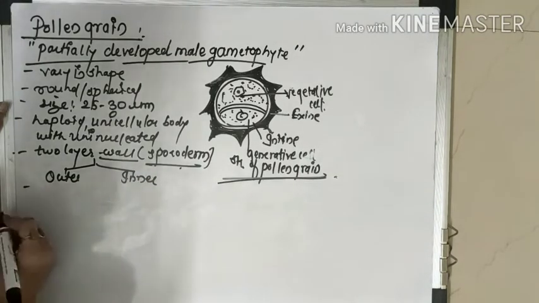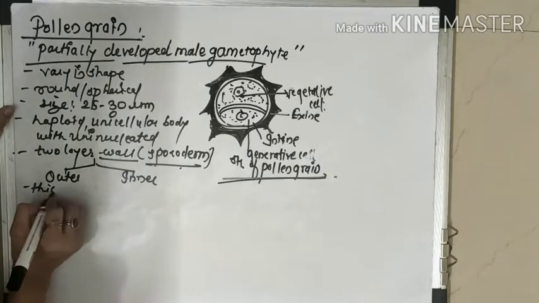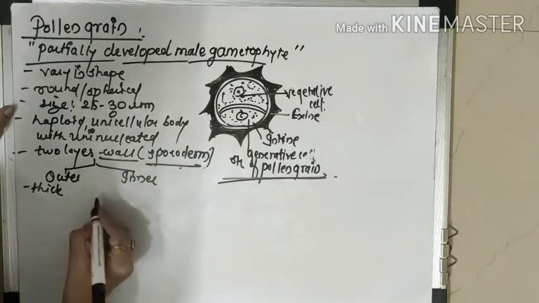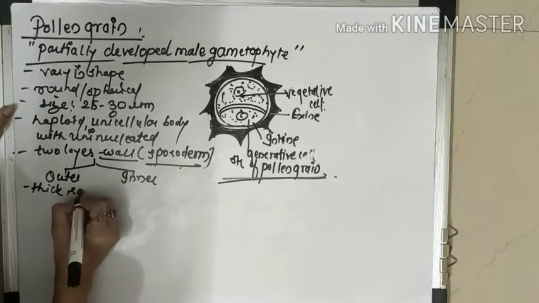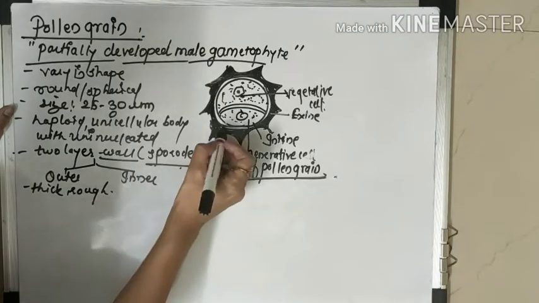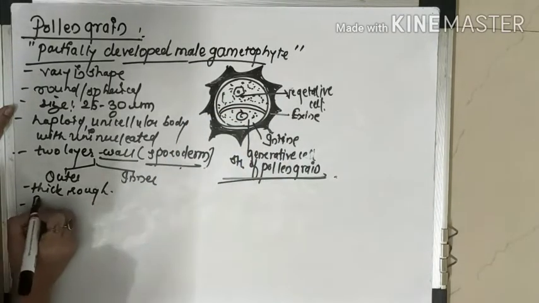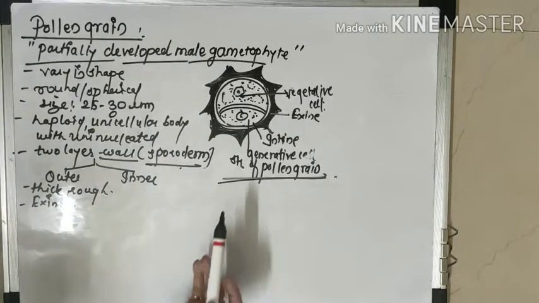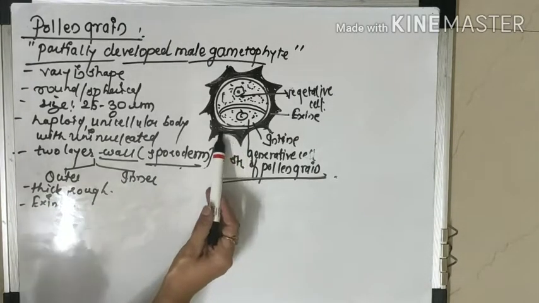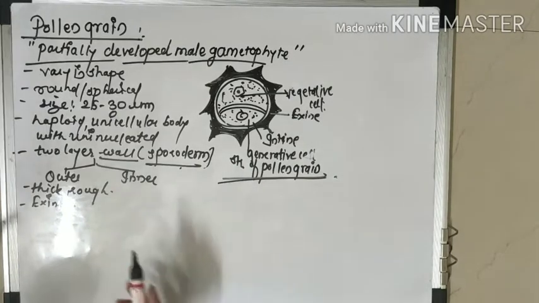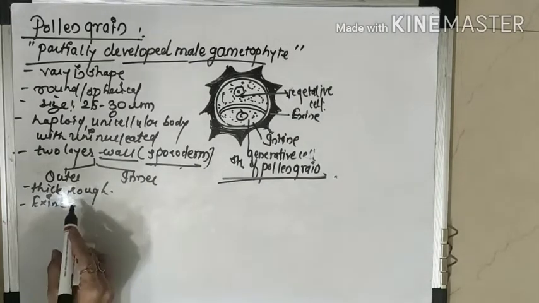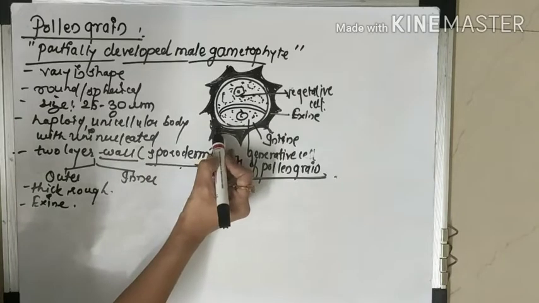The outer layer is very thick and rough, and this outer layer is called the exine. This outermost layer is very thick and rough, that's why it's called exine.